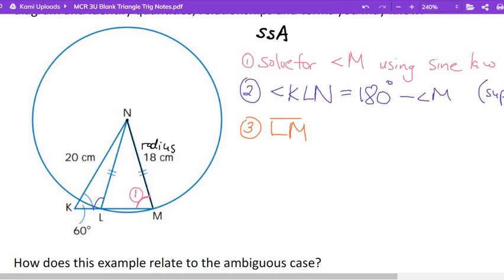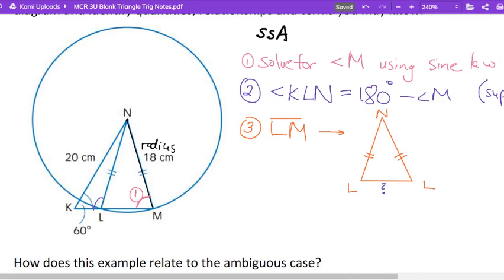Because I know they're going to say, what is the length of the chord? So I have a few steps. First of all, if I have this triangle, that's what I want to solve for.